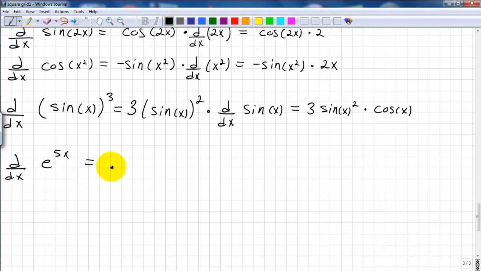So the derivative of the outside will be e to some power. And if you recall, the derivative of e to the x is simply e to the x. But in this case, the inside function is 5x, so times the derivative of the inside.